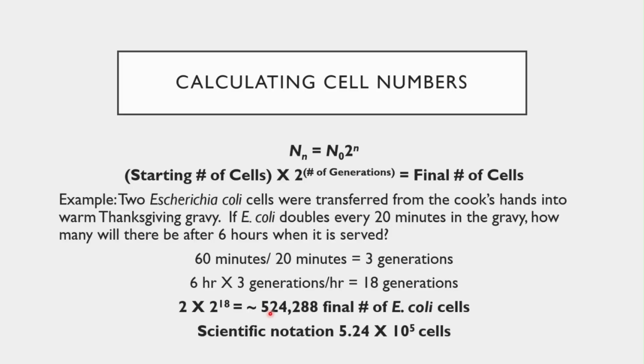And you put the decimal point there. So it's 5.24 times 10, and then you write how many times you move the decimal point over. 5.24 times 10 to the fifth cells. You can see it only took 6 hours to get to 500,000 E. coli cells from only 2 founding cells.